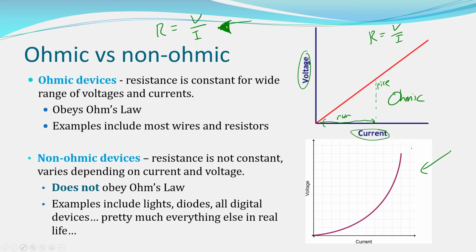So then this equation here, although we can still use it to determine the instantaneous resistance, like the resistance at that particular point, it's not ohmic because it doesn't follow that ratio at all points. In other words, the resistance is not constant. So if the resistance is constant for all different voltages and currents, then we say it's ohmic. And if it's not constant, in other words, if the resistance changes, that ratio doesn't exist for all different voltages and currents, then we say it's non-ohmic.